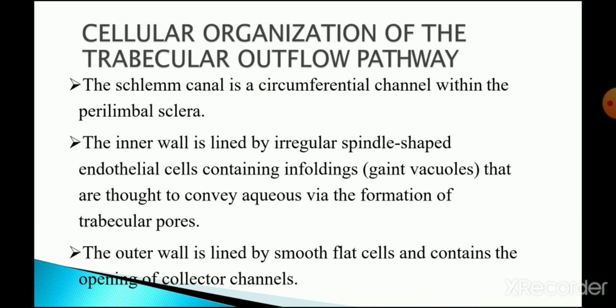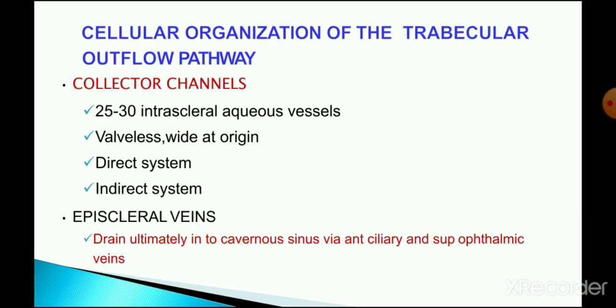The outer wall is lined by smooth flat cells and contains the openings of the collector channels. There are 25 to 30 collector channels, intrascleral aqueous vessels, valveless and wide at origin, forming a direct and an indirect system. Episcleral veins drain ultimately to the cavernous sinus via the ciliary and the superior ophthalmic veins.